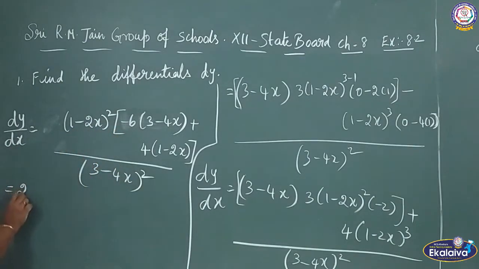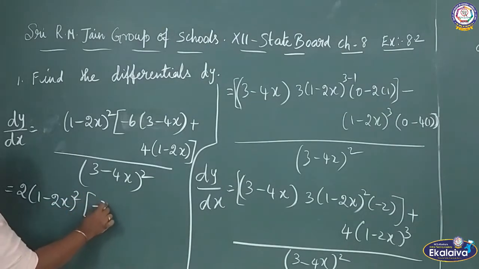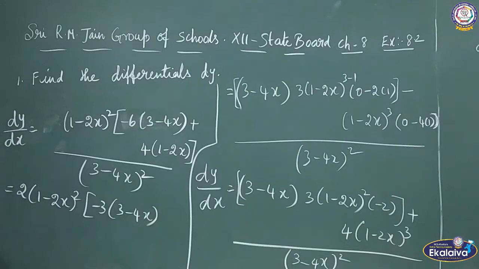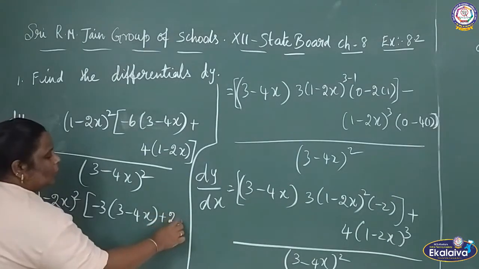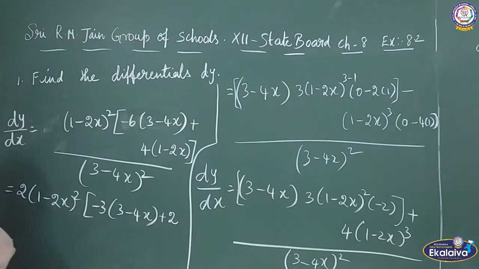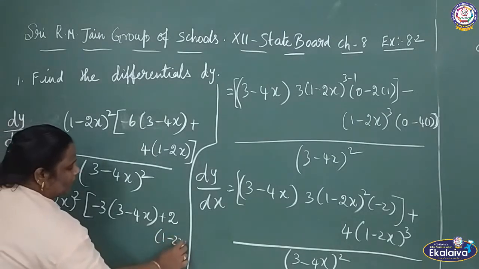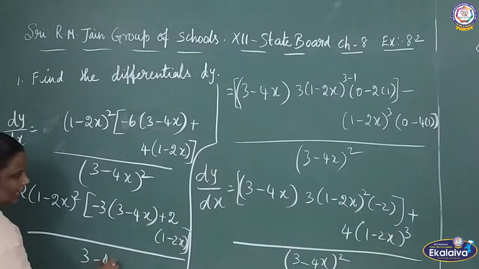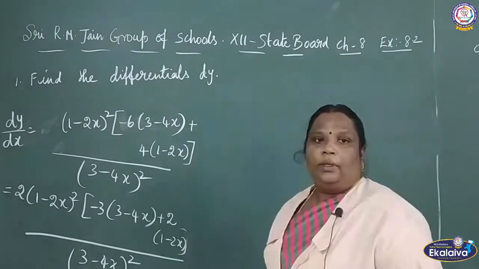I can take it out. 2 into (1 minus 2x) the whole square into minus 3 into (3 minus 4x) plus 2 2s are 4, 2 into (1 minus 2x), whole divided by (3 minus 4x) the whole square.